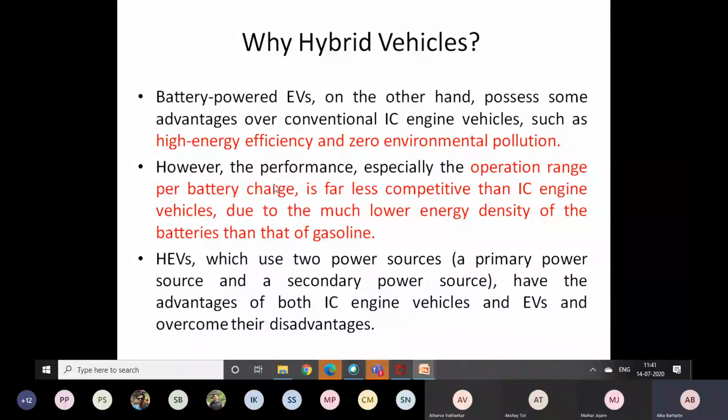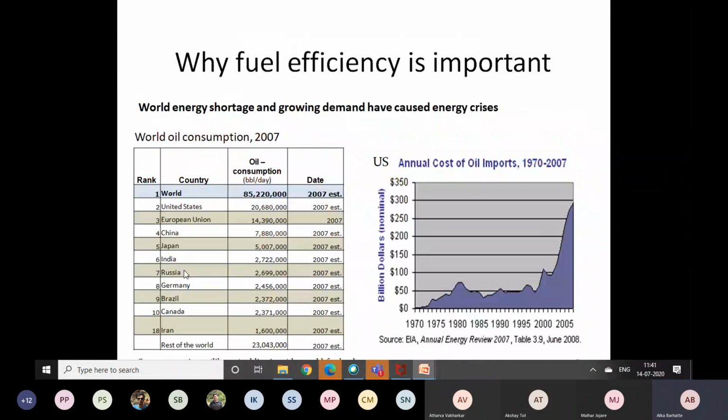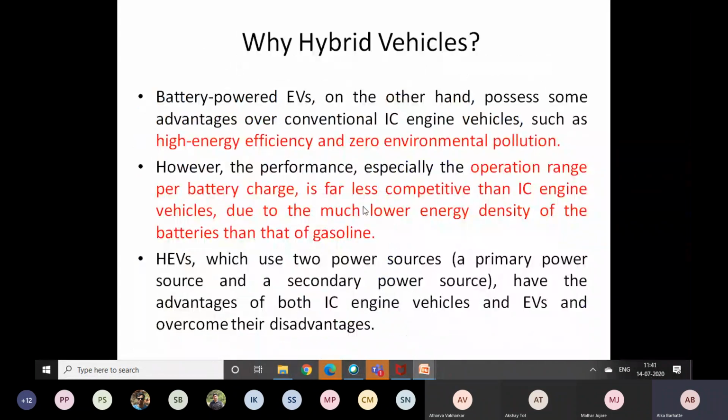However, the performance, especially the operating range per battery charge, is far less compared to IC engines, as I already discussed.